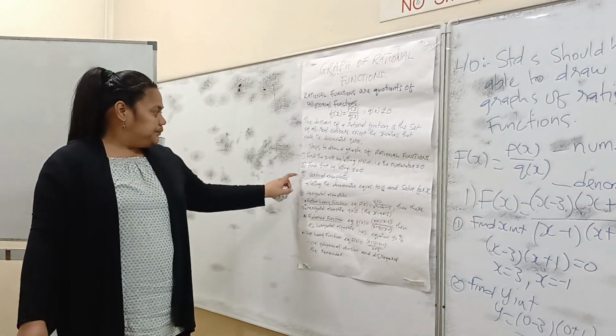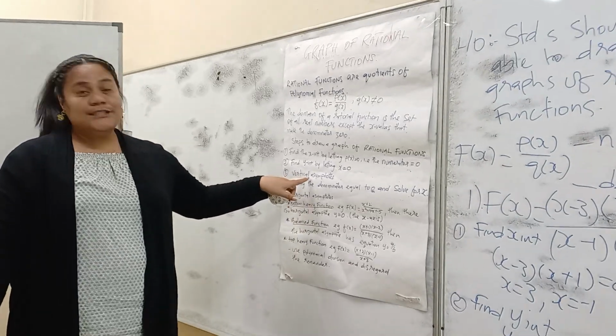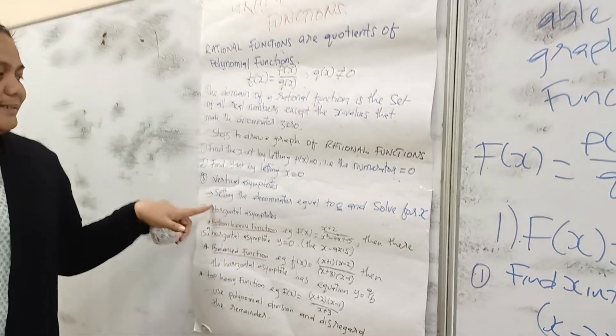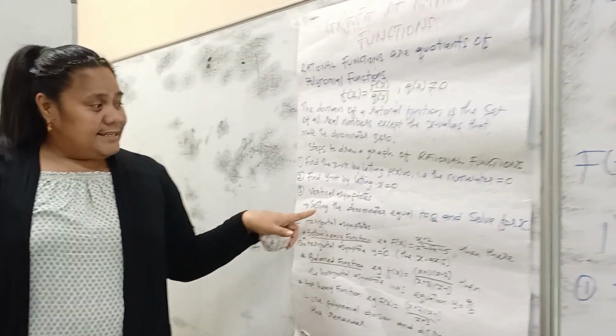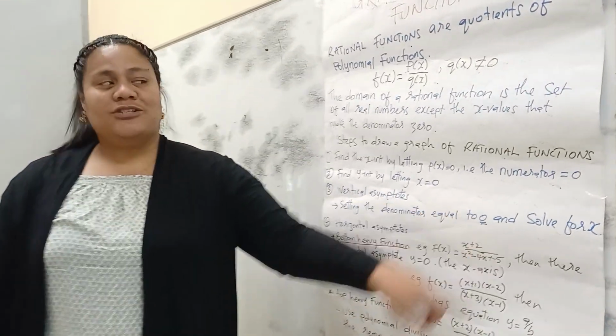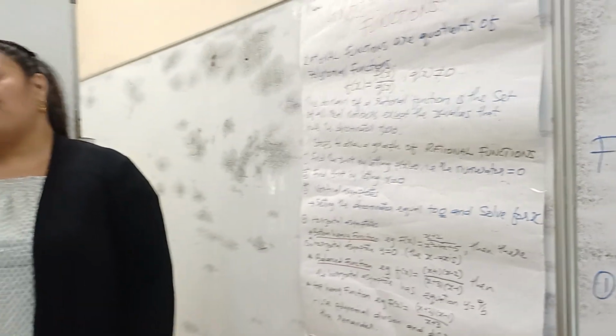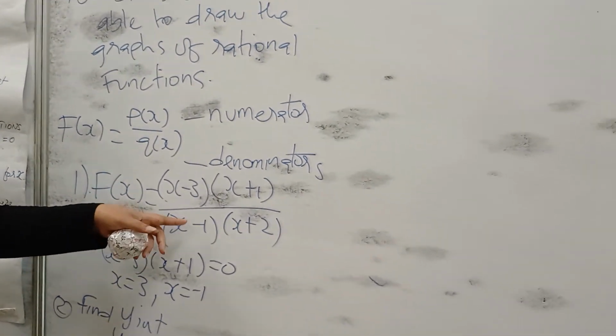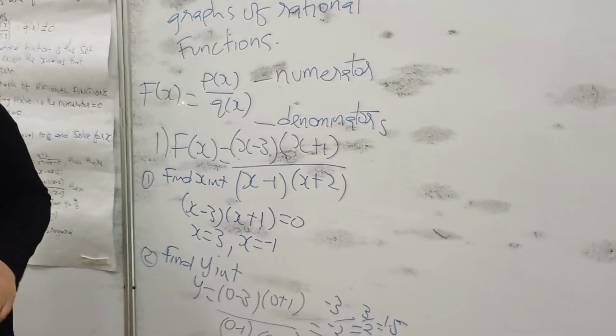The next step is the vertical asymptotes. For finding the vertical asymptote, we must set the denominator equal to 0 and solve for x. Which one is the denominator here? The denominator, (x minus 1)(x plus 2).